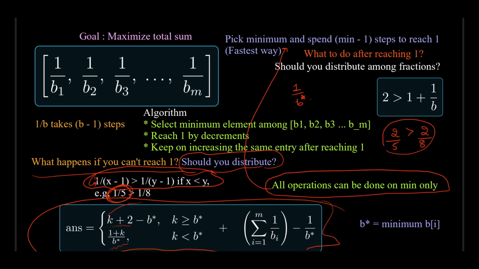So this is the answer for a single fraction. But notice that the problem had asked you to maximize the total sum. Since we are not touching the other fractions, we still have to take their sum, right? Even though we have not changed them. So this term is nothing but the sum of all the fractions except the one that you chose for doing all the operations. So that is why the total sum minus the value of the fraction with the minimum value of bi.